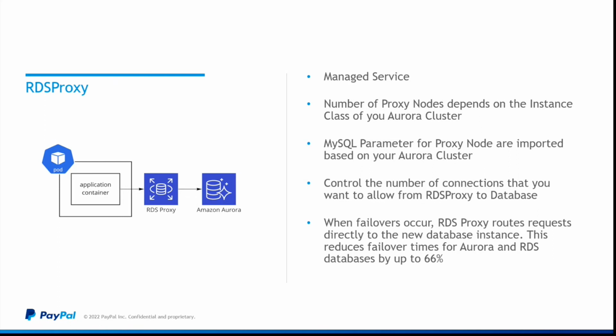With RDS proxy, anything in flight will definitely get an error, but it will stop sending any more traffic as soon as it detects that the nodes are not available on the Aurora cluster. It will hold any new requests from clients in the queue and wait until the Aurora cluster is available.